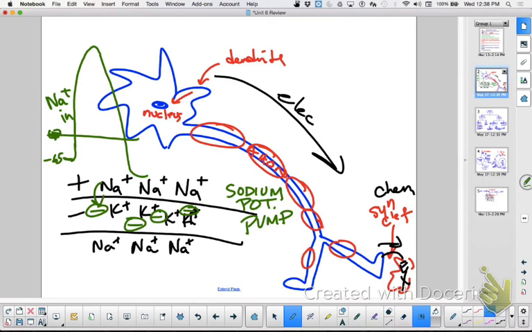And then the quick fix is what? Potassium goes out. So sodium comes in. That's the action potential. And real quick, potassium goes back out. So the sodium potassium pump sets it up, then sodium comes in, potassium goes out, and then the sodium potassium pump has to put everybody back in the right spots. Okay, and that would be a neuron.